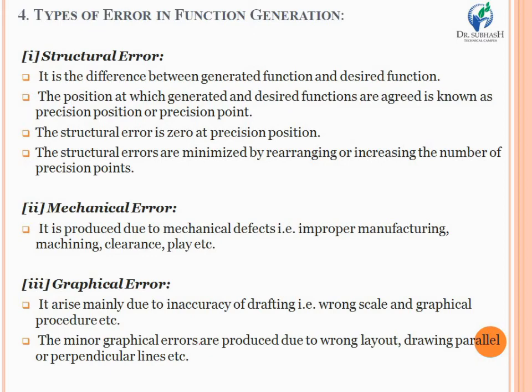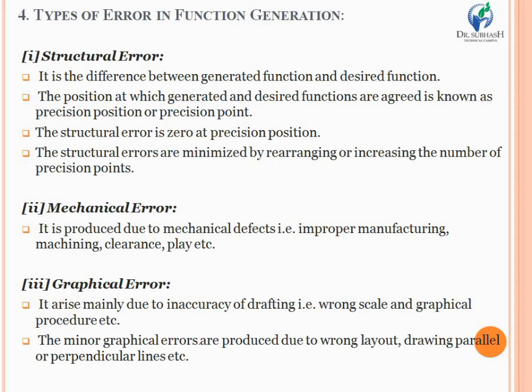In order to reduce the structural error, you just have to increase the number of precision points. And as I said earlier, the precision point or precision position is the degree of closeness to which your synthesized function reaches the exactly required function.